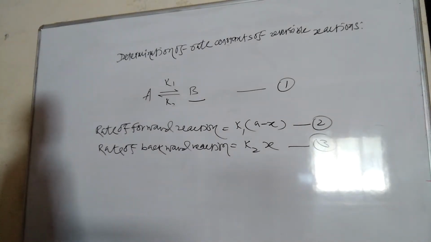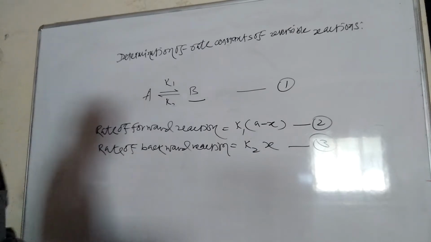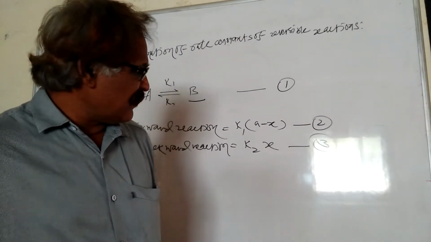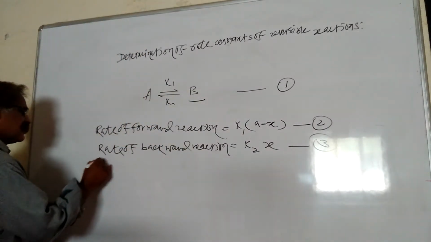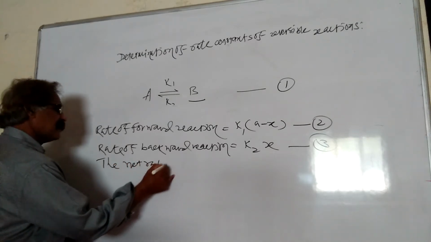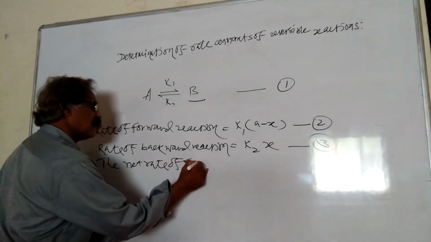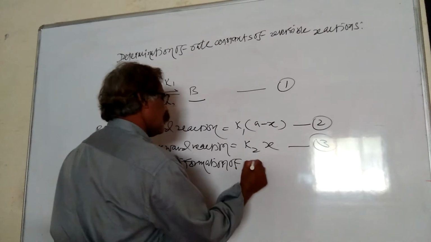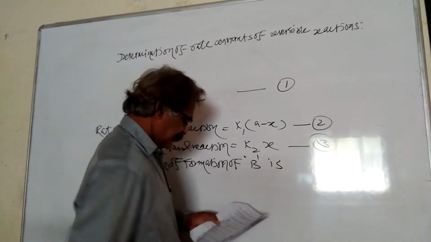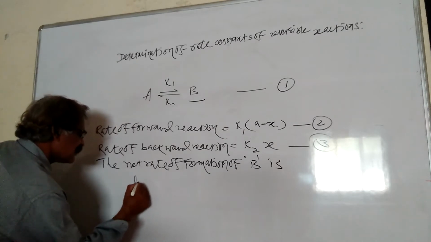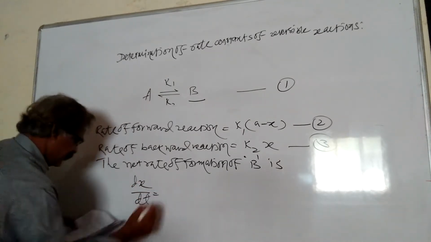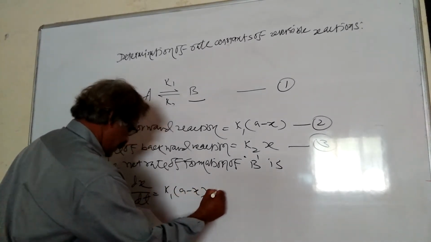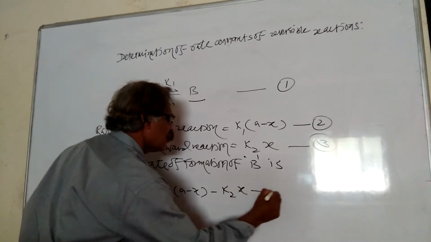The rate of forward reaction minus the rate of backward reaction, and therefore the net rate of formation of B is dx upon dt is equal to K1 into (a minus x) minus K2 into x.